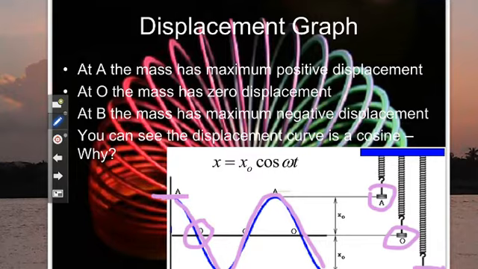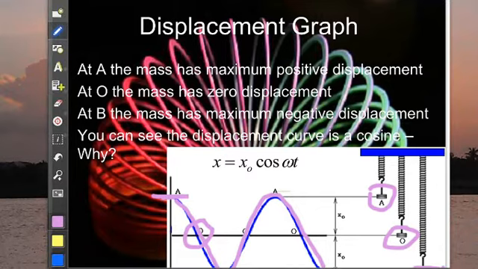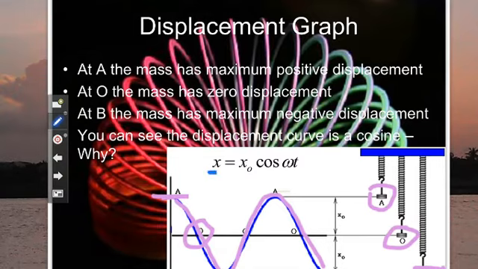Now our equation here for displacement, and just to make a slight distinction here between our variables, x is our displacement at some time. X sub 0 is our amplitude, which is the maximum displacement.